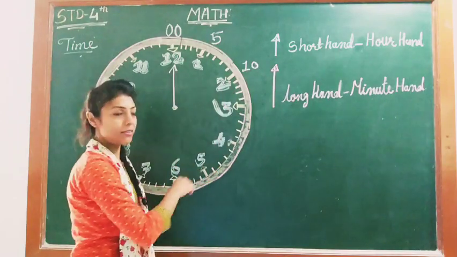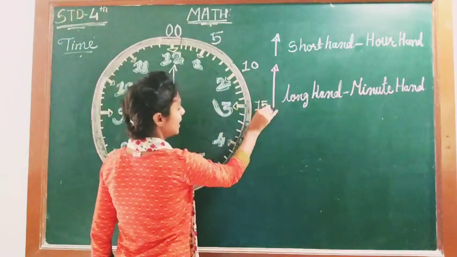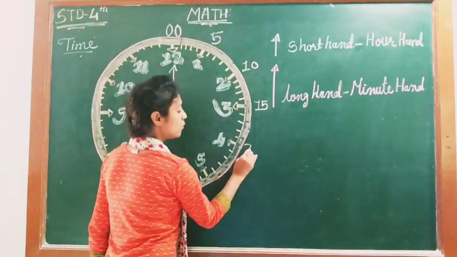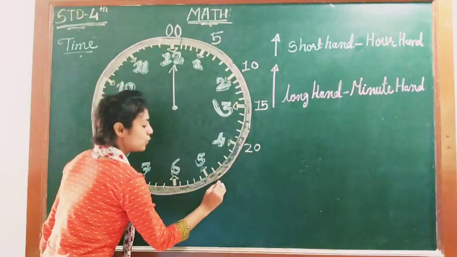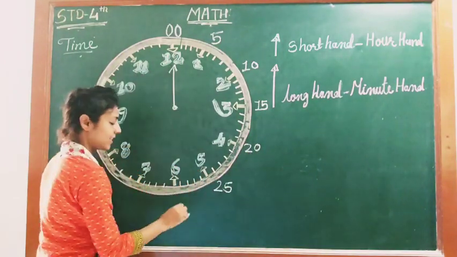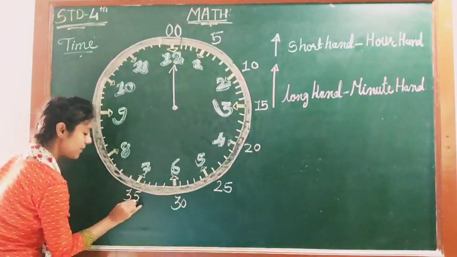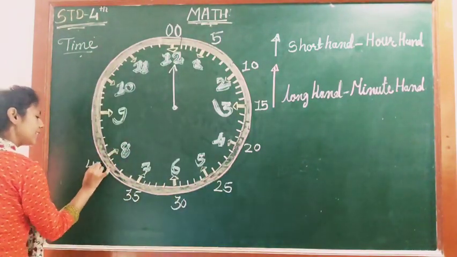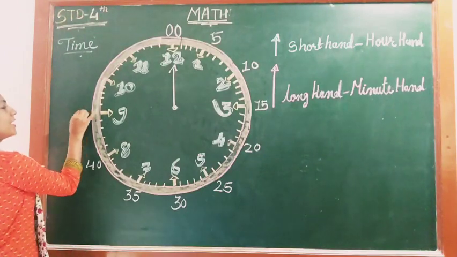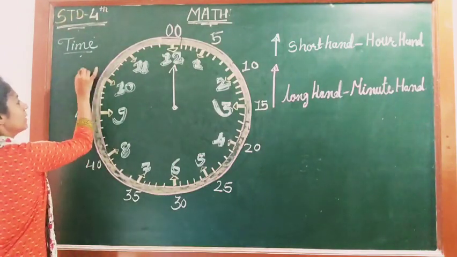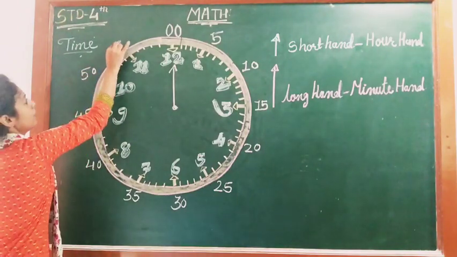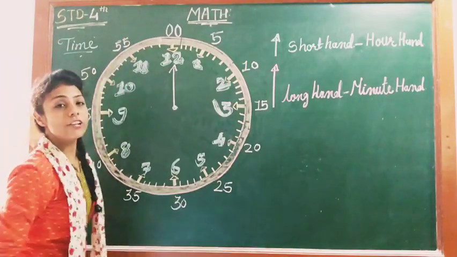Then again 5 minutes, so 15, then 20 minutes, 25, 30, then 35, 40, 45, 50, 55, and we will not write 60.